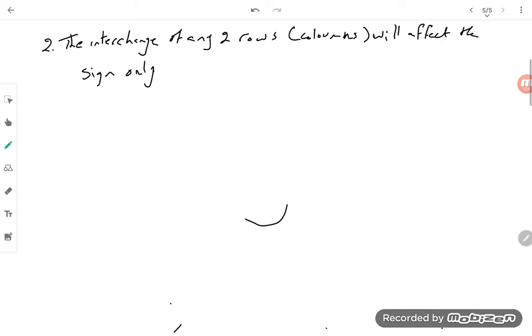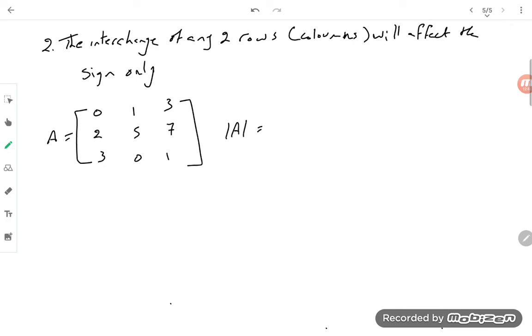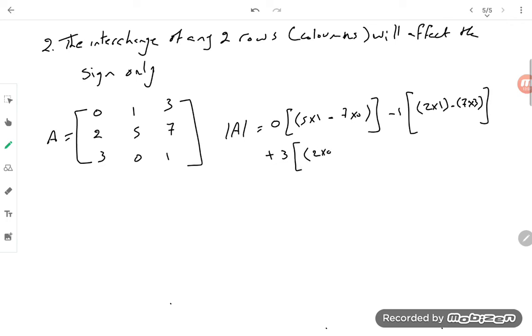Here is an example. If you calculate the determinant for this matrix, it will be 0 multiplied by 5 multiplied by 1 minus 7 multiplied by 0, minus 1 multiplied by 2 multiplied by 1 minus 7 multiplied by 3, plus 3 multiplied by 2 multiplied by 0 minus 7 multiplied by 3.